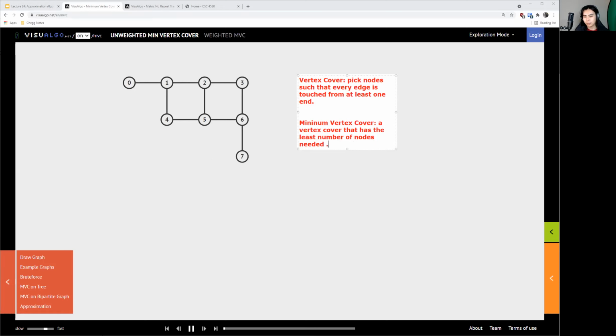So in this case, I'll give you all about 30 seconds. If you're following along, what is the minimum number of nodes we need here? So my question is, what's the minimum number of nodes needed in this graph here?